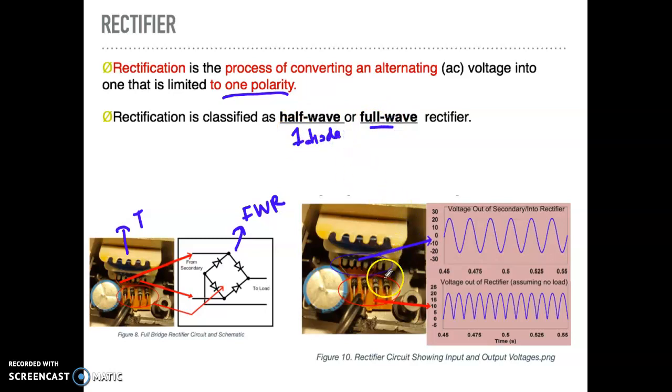So what will this diode do? Before your transformer, the voltage is 120 volt, it's very high. You go through the transformer, it will step down the voltage to only 20 volt. After you go through the rectifier, it will change from 2 polarities to only 1 polarity. So this is the function of the rectifier.